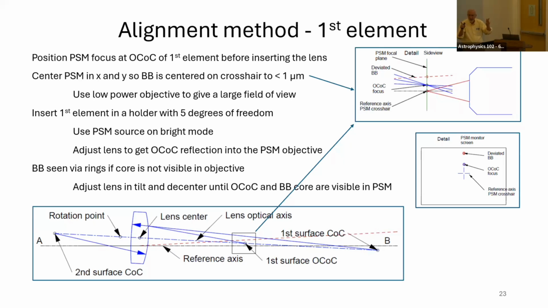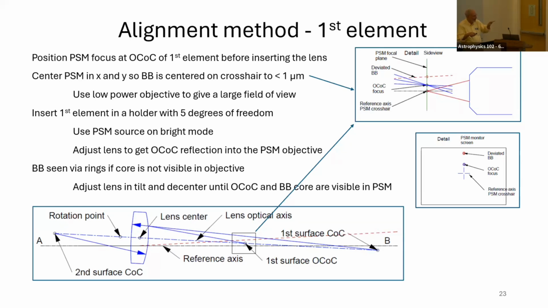Now we've got two spots, which is enough information to know the position and angle of the centration of this lens. The whole idea now is to tilt and decenter the lens until you get both of these spots centered on the cross.